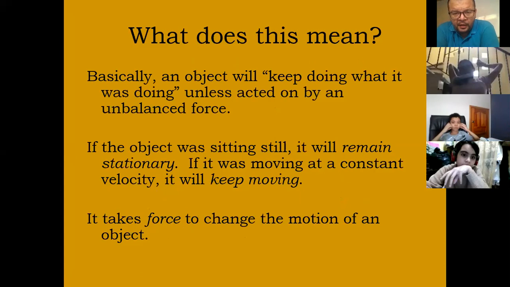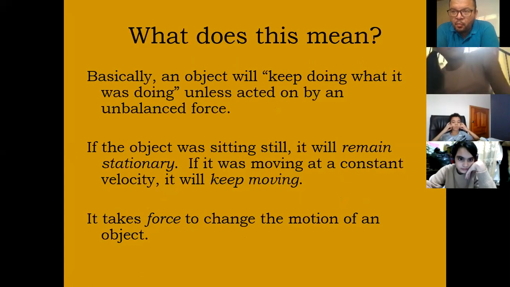Basically, an object will keep doing what it was doing unless acted on by an unbalanced force. If the object was sitting still, it will remain stationary. If it was moving at a constant velocity, it will keep moving. It takes force to change the motion of an object.